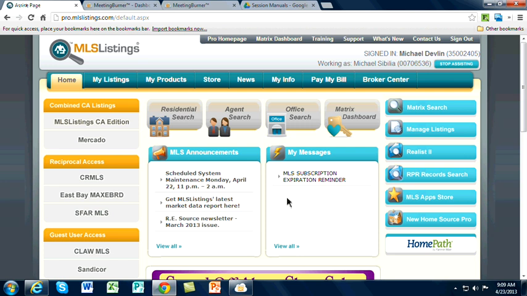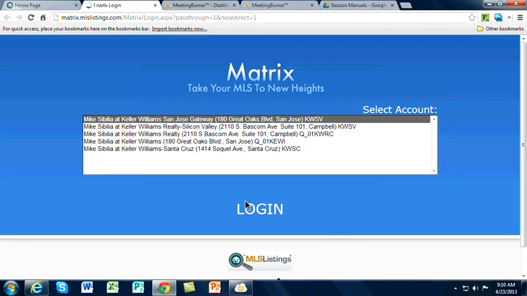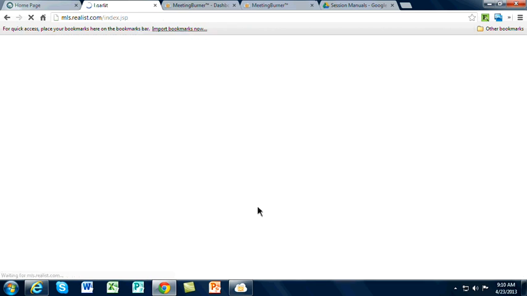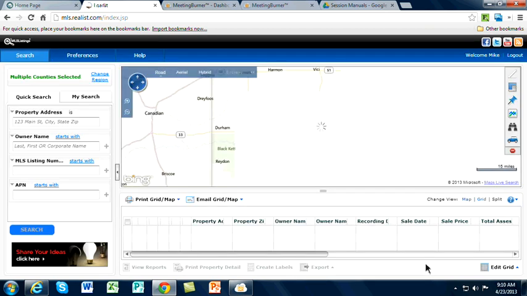Before you give me the address, what I usually do as a starting point, and I have to admit I'm having difficulty seeing from the side what it says. One of these says Realist 2. Okay. My logins are more difficult than yours. Maybe if I do this, my angle would be a little bit better.